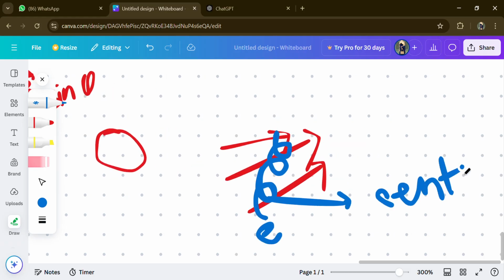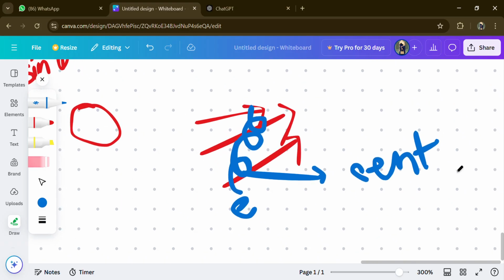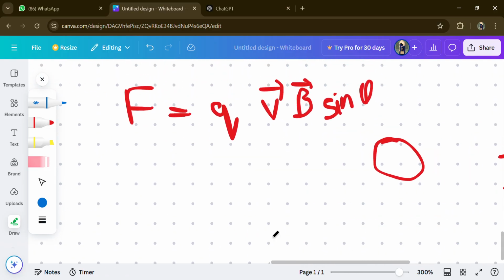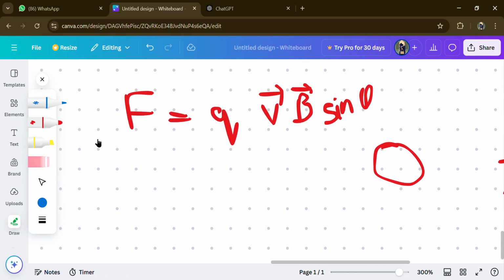If you have gone through the previous topics regarding centripetal, centrifugal, and other topics related to circular motion, it's the centripetal force that is acting here. So I can consider it as centripetal force equal to QVB sine theta.